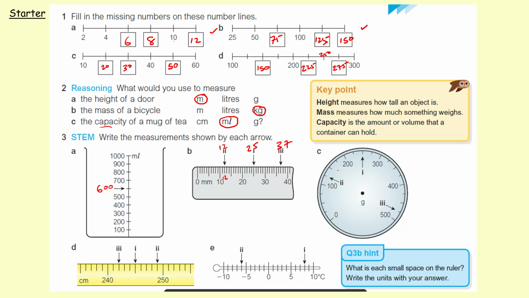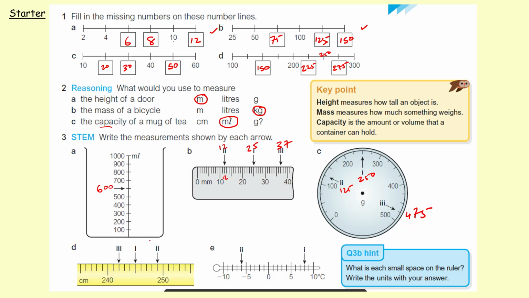Okay, remember mark as we go along. On this one here, if we do I first, it's between 200 and 300, so that's 250. II, that's between 100 and 150, so 125. And then dotty 3 is going to be 475.